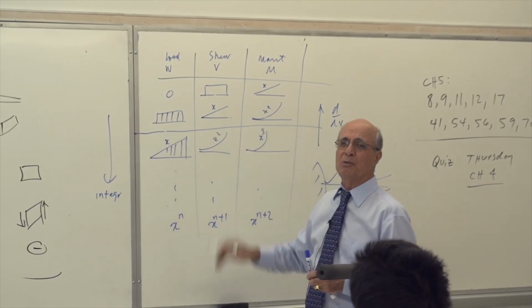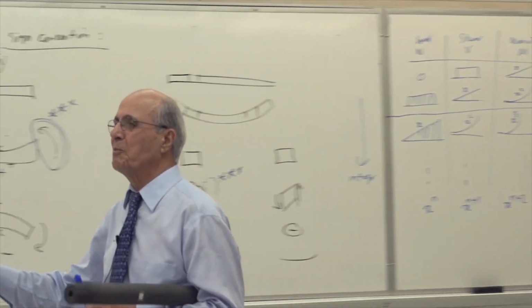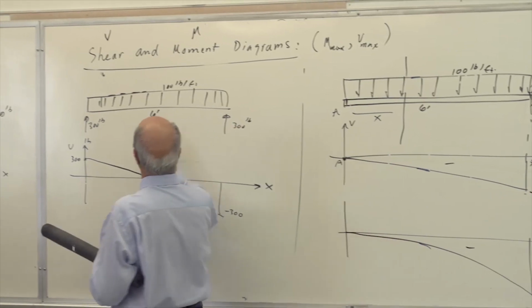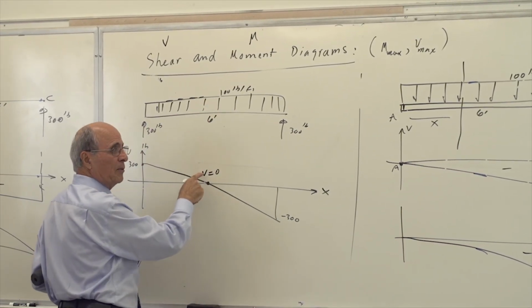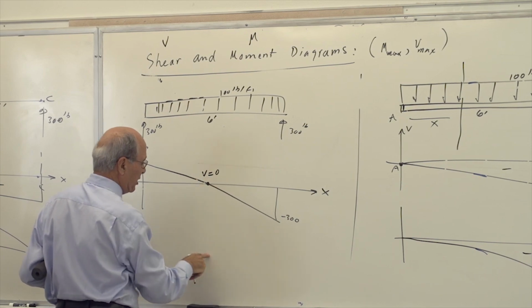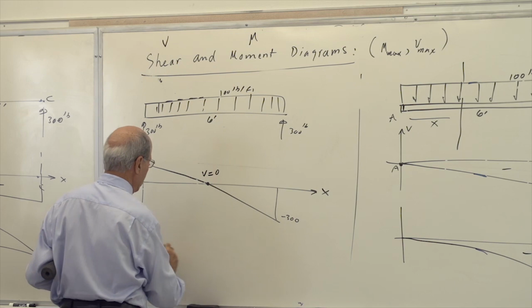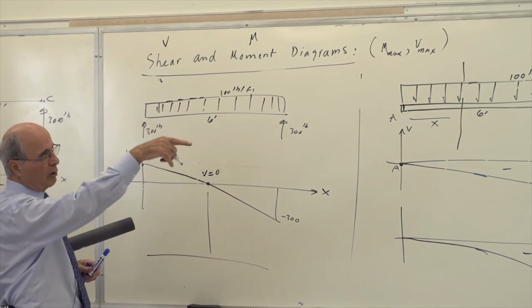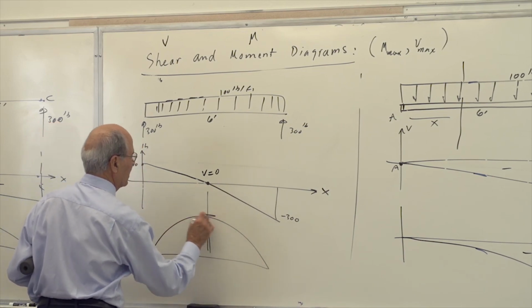So if shear goes to 0, that point is the most valuable point there. Everybody understand what I'm saying? Moment is the integral of shear, so if I take the derivative of moment, it becomes shear. So if the shear goes to 0, M must be the highest value. You draw that parabola. The parabola becomes like that, and this is the highest one.